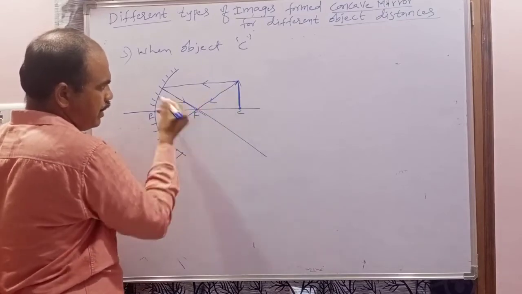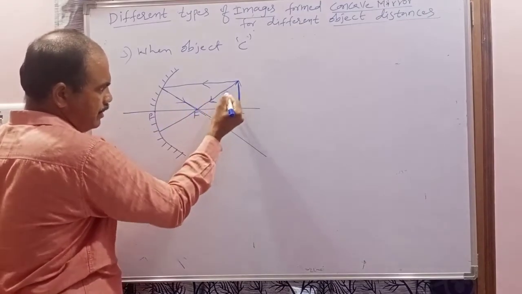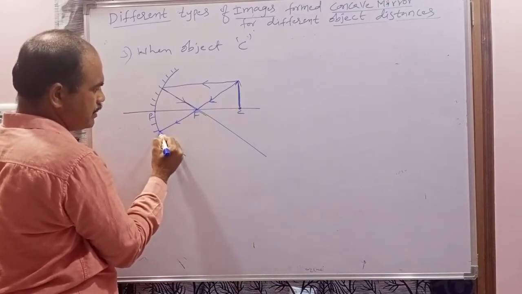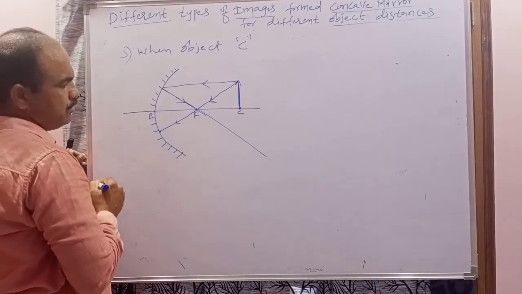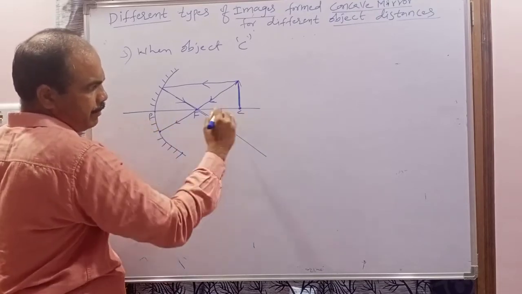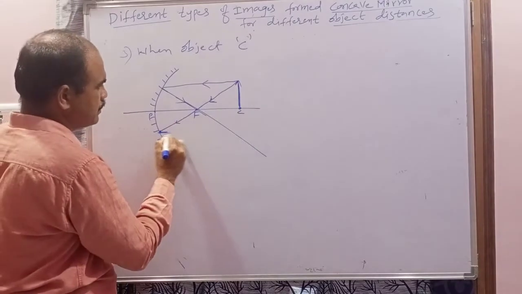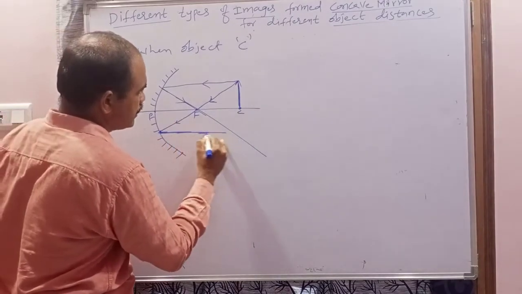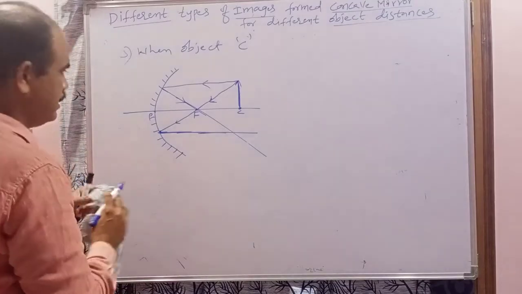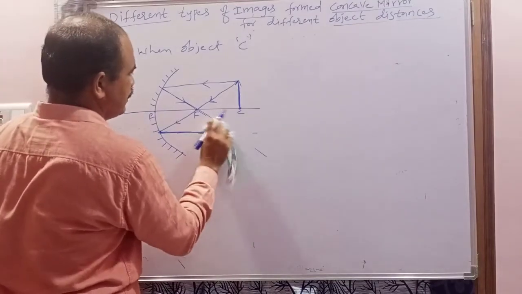First one is parallel to the principal axis, the second ray is passing through the focus. So after reflection, what happened? After incidence on this concave mirror, it will go in a direction parallel to the principal axis, but it does not come out correctly.